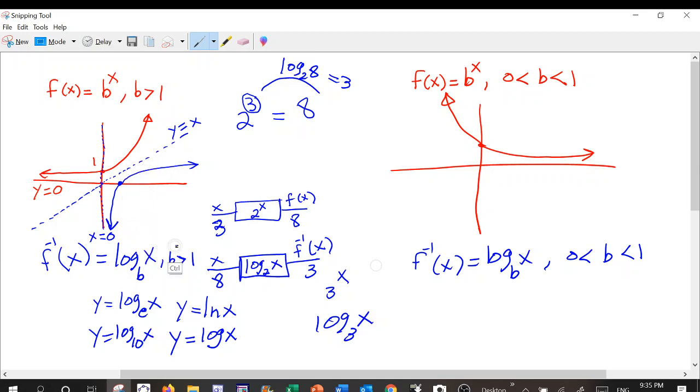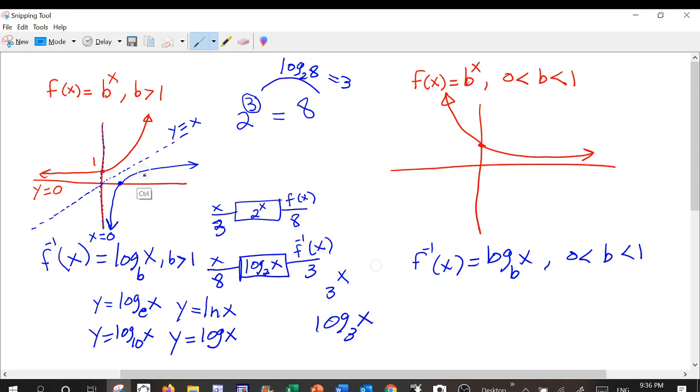Now remember, these numbers, the bases, are greater than 1. So the sharper this is, its inverse would be going to infinity slower, right? The sharper this is, the slower this is going to go to infinity. So that means the logarithms that slowly go to infinity and are closer to the x-axis here are the logarithms whose bases are bigger numbers.